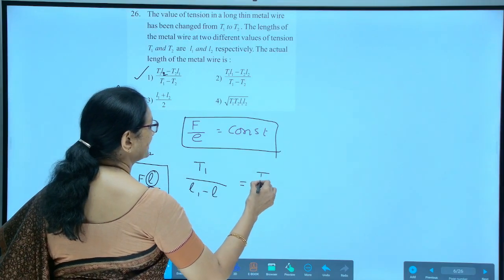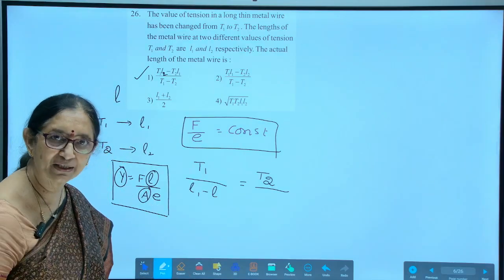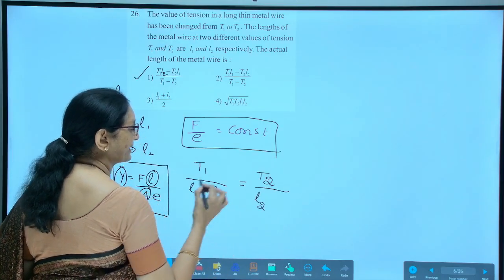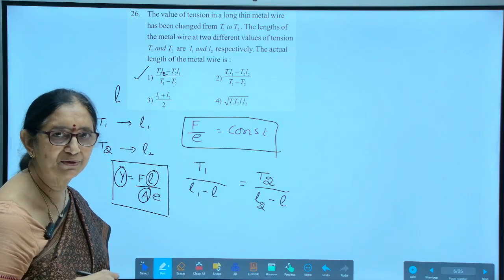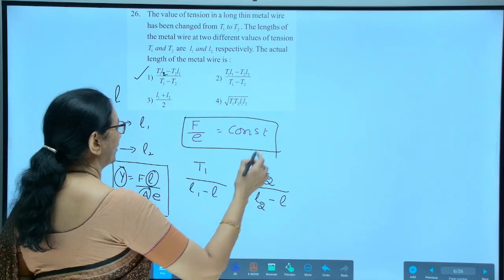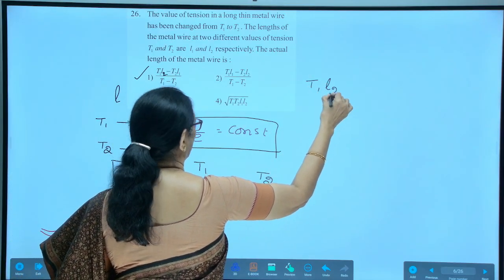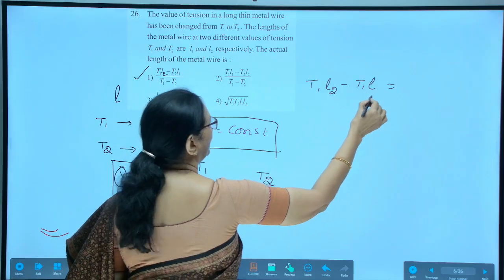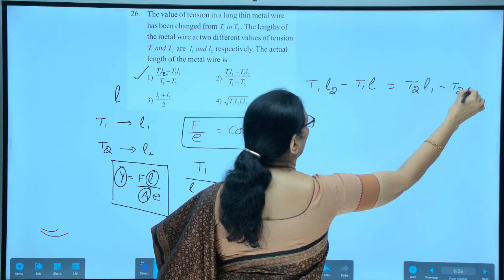Similarly, in the second case, restoring force developed is nothing but tension created in the string by corresponding length L2. L2 minus L gives extension produced in the second case. On cross multiplication, you get T1 L2 minus T1 L is equal to T2 L1 minus T2 L.